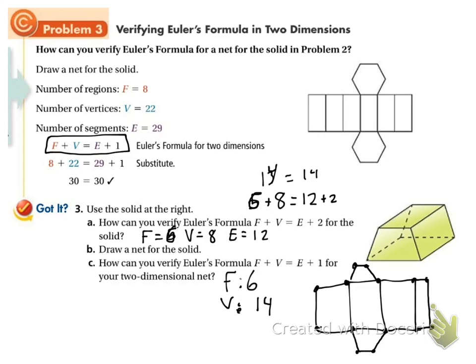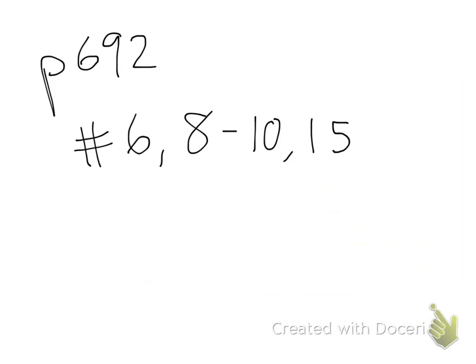Because they're not connected. And last, edges. Let me switch colors for that. 1 through 19. So now if I plug it into this equation here, 6 plus 14 is equal to 19 plus 1. And I know I did that right because the formula works. And there's your homework.